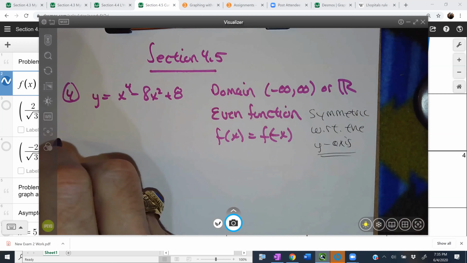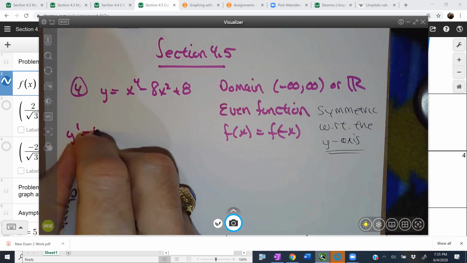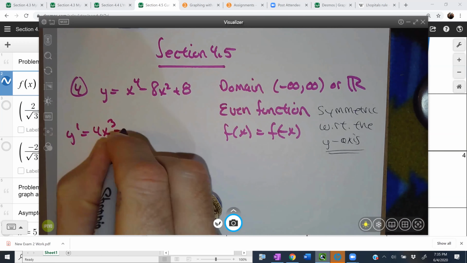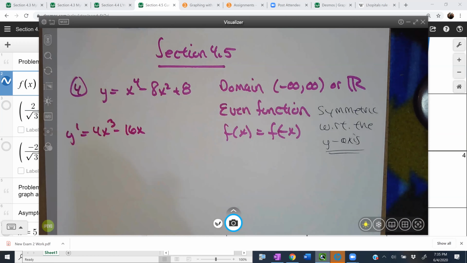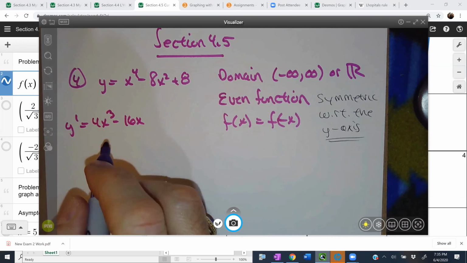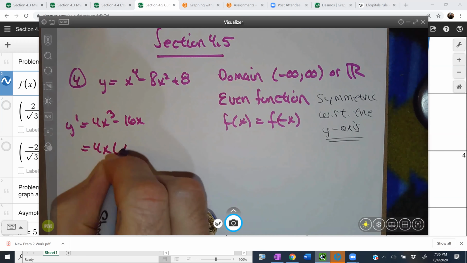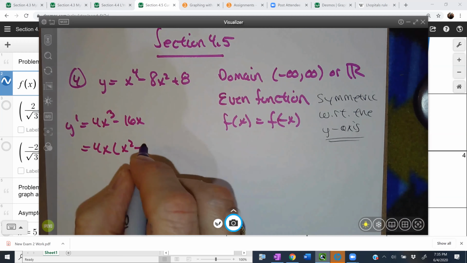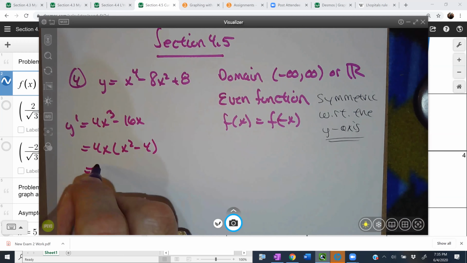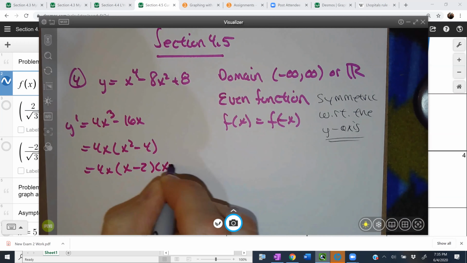We'll start out with the first derivative. Y prime, of course, would be 4x cubed minus 16x. And we can factor that. That'd be 4x times x squared minus 4, which further factors as x minus 2 times x plus 2.